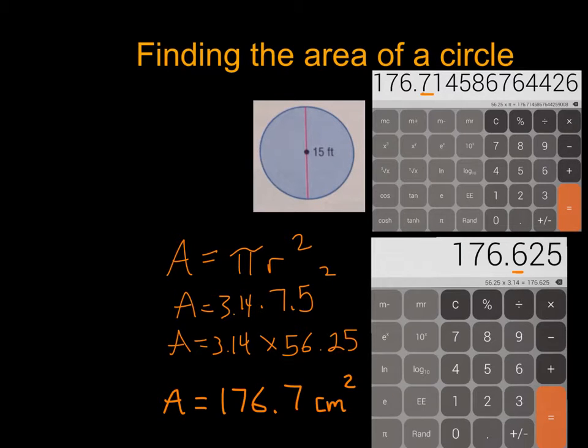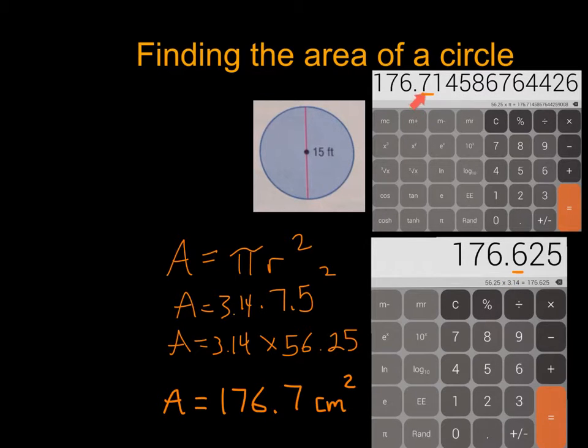Now, here's an example of a problem where you might have a different answer than the answer key depending on whether you use 3.14 or the pi key. In this calculator here, you can see I used the pi key, and I'm given this answer right here. And the one right below it, I used 3.14. I underlined the tenths place in each of these so you can see.